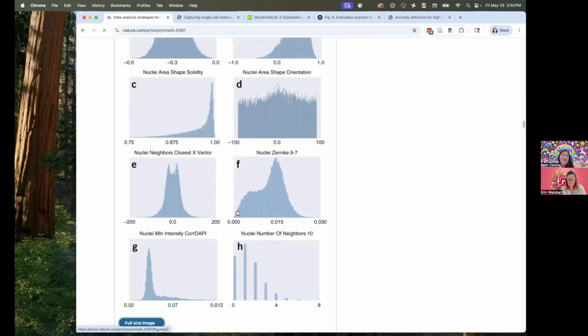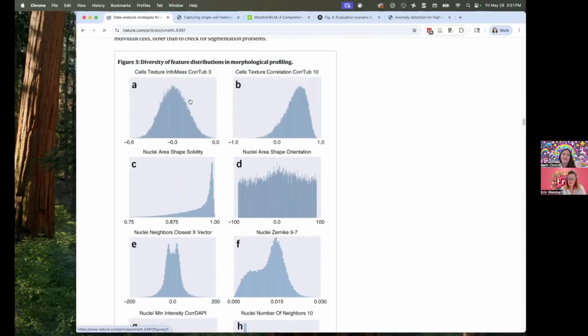One of the most common things is that we take the median and the MAD and we normalize these measurements. Yes, in some cases the median is not going to be where the mode is, but that's something we deal with. Here are two different texture measurements that have different distributions.